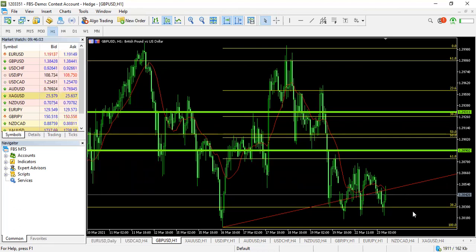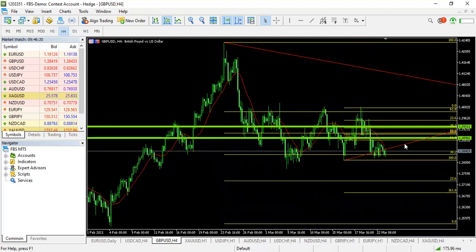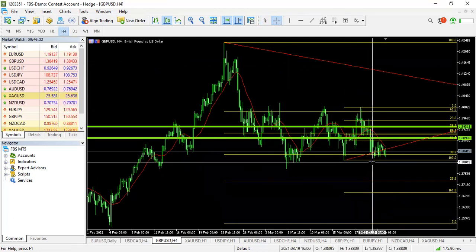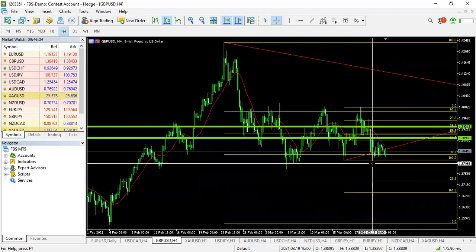If it does go down again the fourth time, I doubt it's going to be able to support it again, unless it breaks above the 138,700, then I would know that the bearish move would be negated. On the downside, we're looking at 137,400. 138 is also a good support zone.